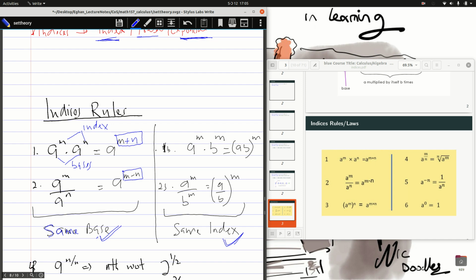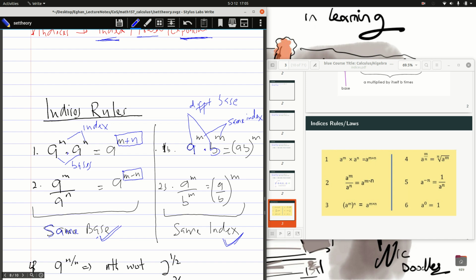Now I can have different bases. I have A and B. They are the bases, but they are different bases, not the same. But then my indexes M and M are the same index. What I can do is combine the bases and then raise to the same index because it is multiplying.